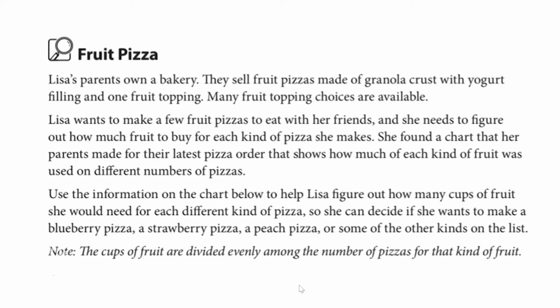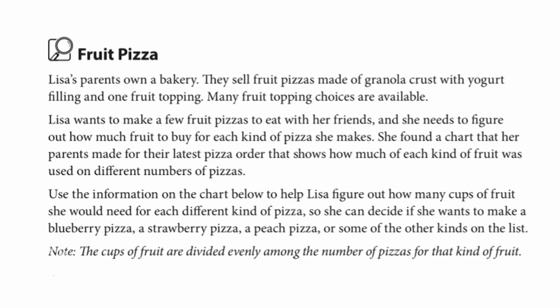Use the information on the chart on the next slide to help Lisa figure out how many cups of fruit she would need for each different kind of pizza, so she can decide if she wants to make a blueberry pizza, a strawberry pizza, a peach pizza, or some of the other kinds on the list. Note, the cups of fruit are divided evenly among the number of pizzas for that kind of fruit. Keep that in mind as you try to figure out how to solve these problems.